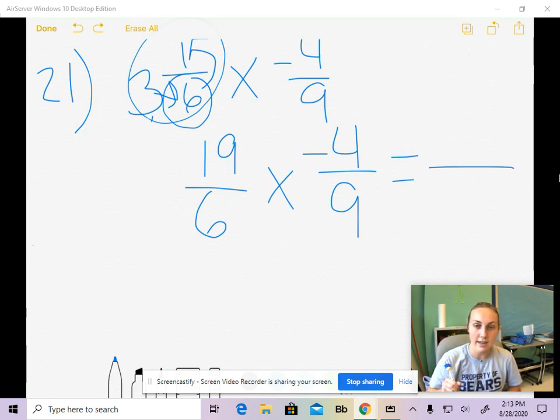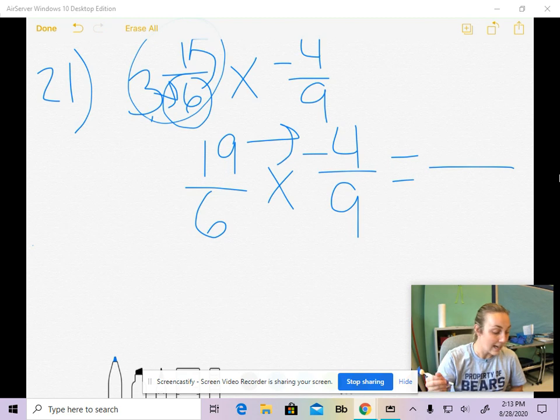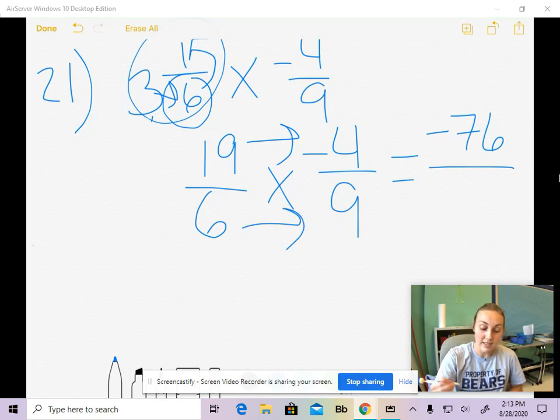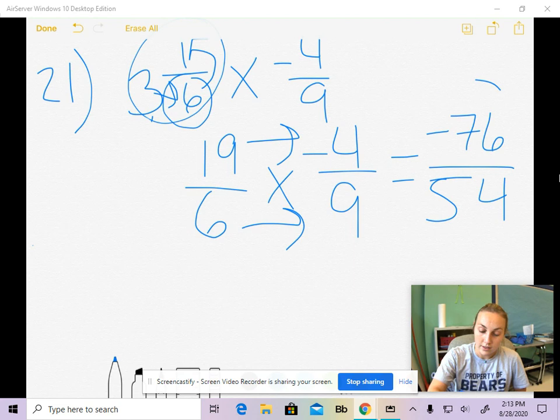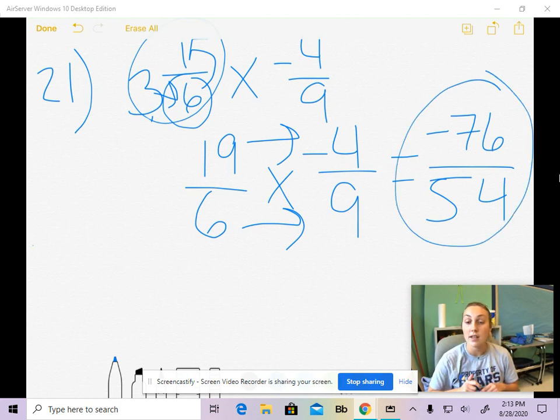So let's go ahead and do that, all right? 19 times -4 is going to be -76. 6 times 9 is going to be 54. So here's that answer, but we can reduce this, and we know we can reduce them because they're both even numbers, so we know we can at least reduce it by 2.